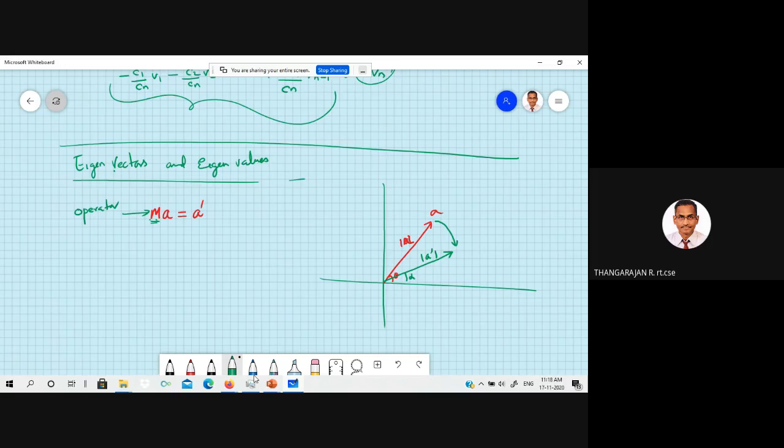For example, if I apply the same M on an eigenvector of M, say V is an eigenvector of M, then I will get the same vector V, but scaled. The direction of V will not change. Only the length of V will change. It will be either shrinking or expanding, but I will not be changing the direction of V. Here lambda is a scalar.